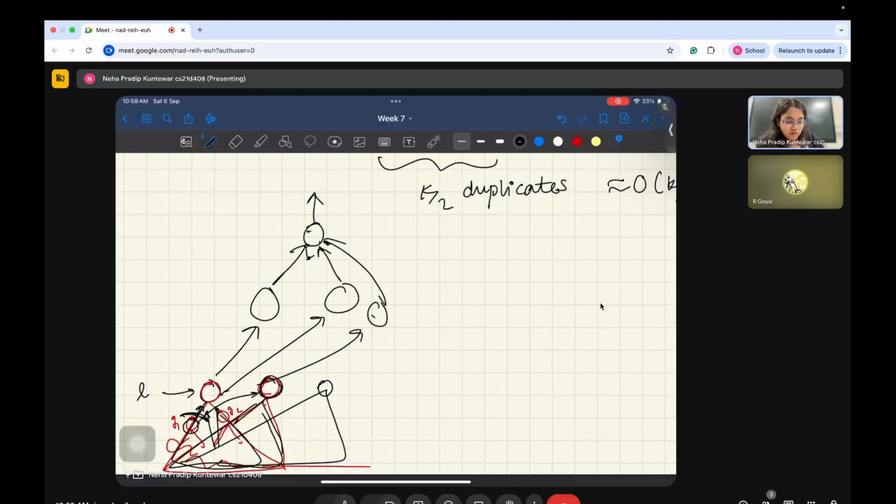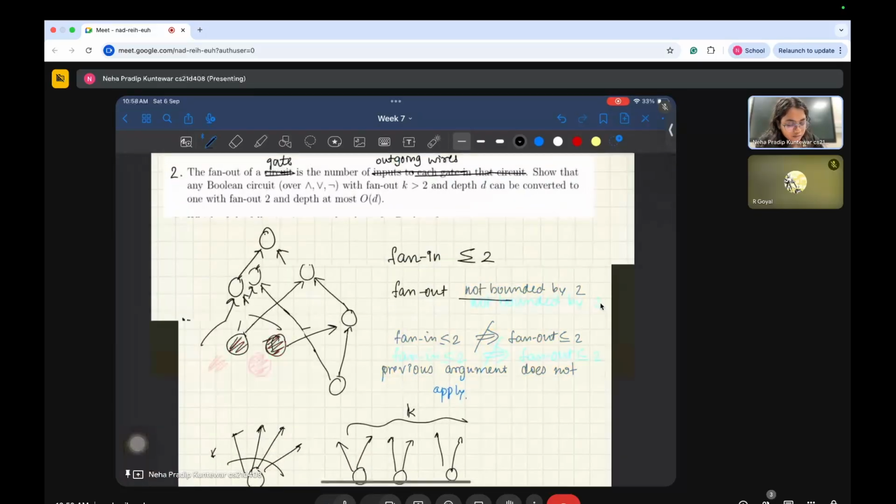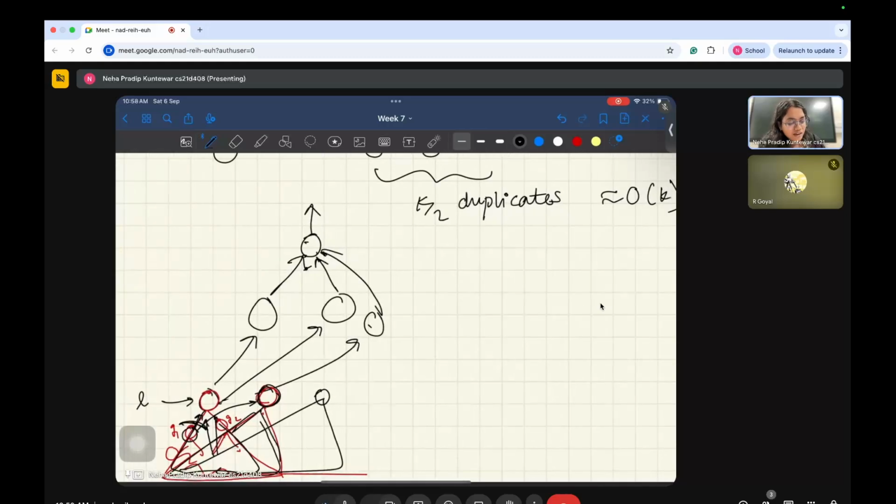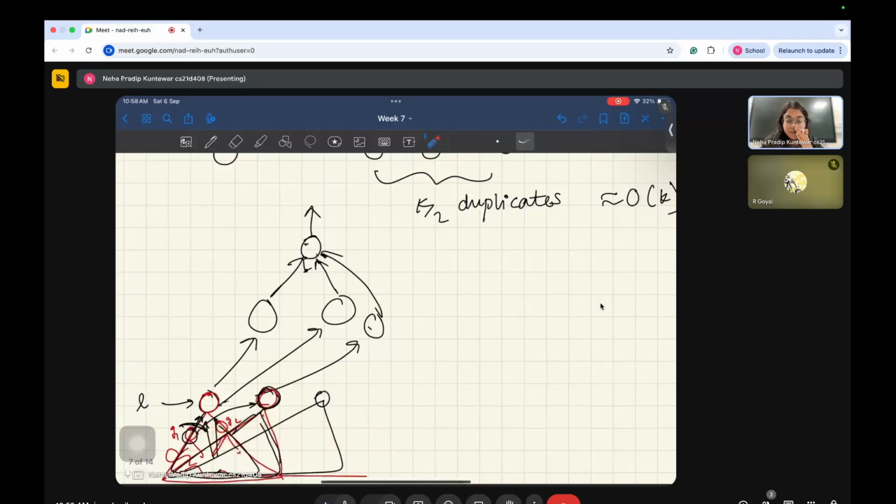So that proves that in fact we are not doing at most order d, we are doing just d. But you're right, if I'm worried about the size also, then the amount of blow up that is happening here is huge. So if it were a poly size circuit, it is no longer a polynomial size circuit if we blindly duplicate at every point.